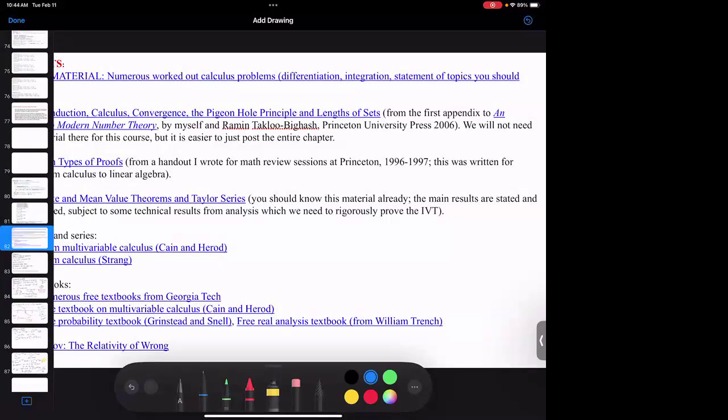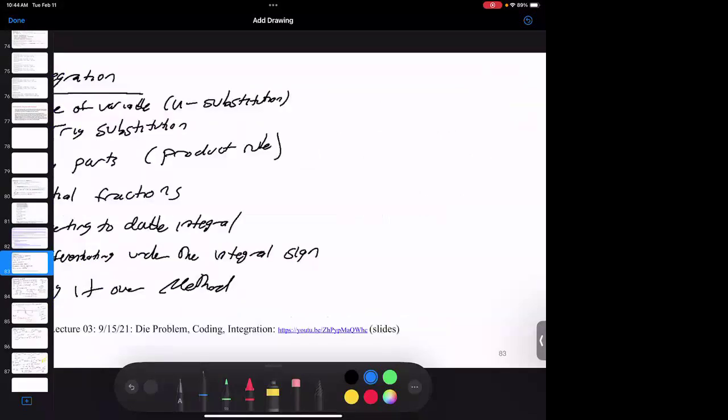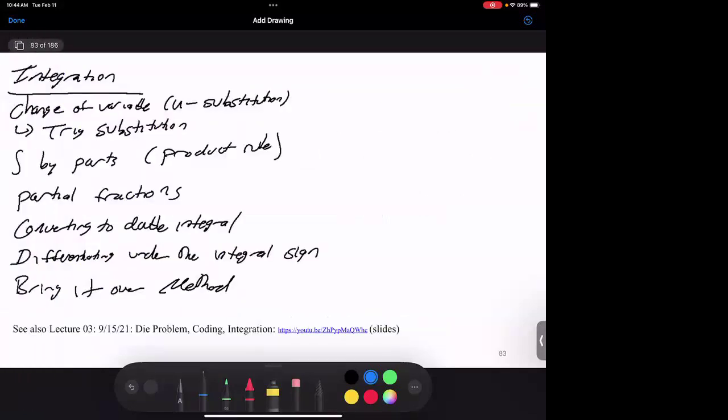Anybody have any other integration techniques they don't like? How many of you remember partial fractions? I think that's the most painful of the integration techniques that you learn in high school. How many of you did not learn integration with partial fractions? Here, just put something in the chat if you have not done partial fractions.